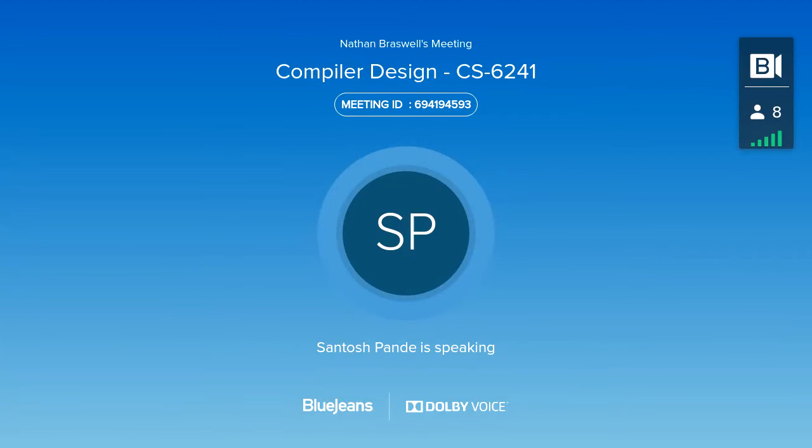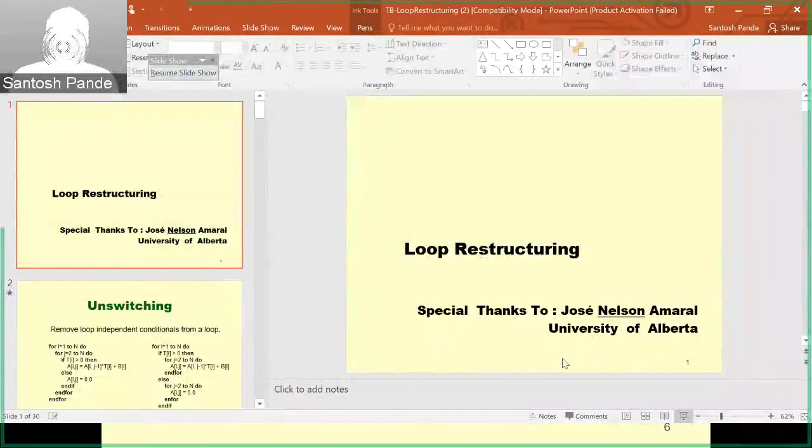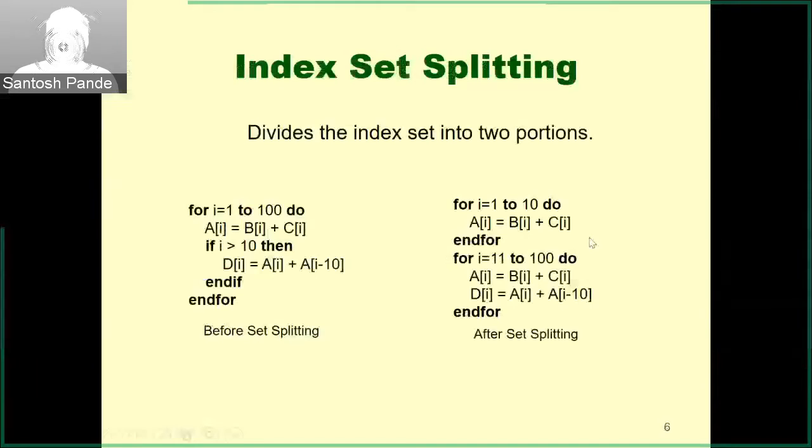Okay, so let's get back to some other transformations. This is purely an application of dependence equations, mainly about the ability to identify where the dependence ceases to exist.